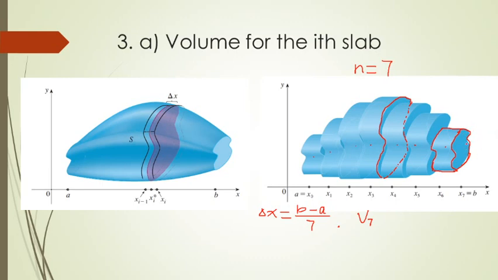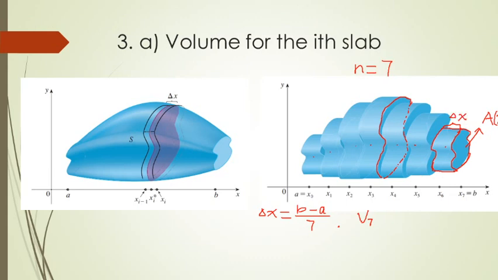Let's look at the last slab. The cross-section area will be A(x7 star). We evaluate the cross-section at the sample point x7 star, and the thickness of this slab again is delta x.